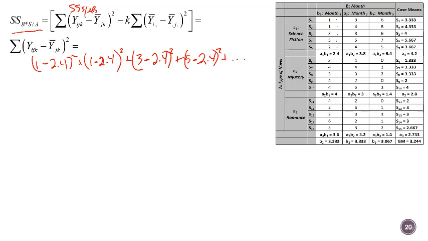It's going to keep going all the way through all these groups, subtracting out their group mean to get down to the bottom.